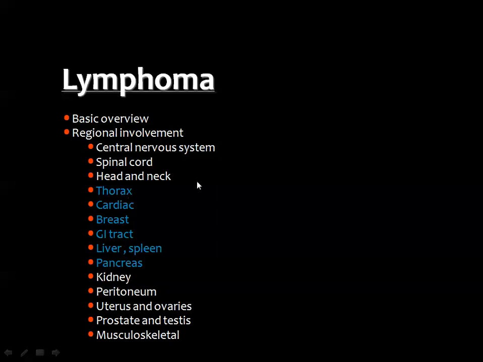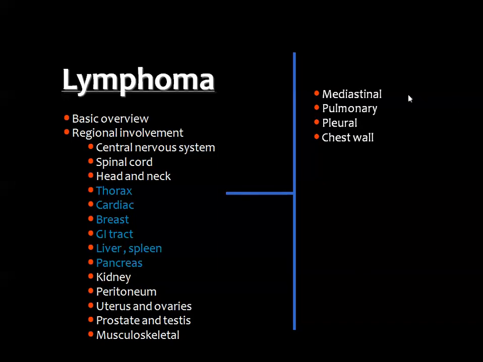And this part will discuss lymphoma of the thorax, including the mediastinal, pulmonary, pleural, and chest wall affection. Then we'll discuss the cardiac lymphoma and a few words about breast lymphoma. Then we will talk about GI lymphoma, including esophageal, gastric, small and large bowel.